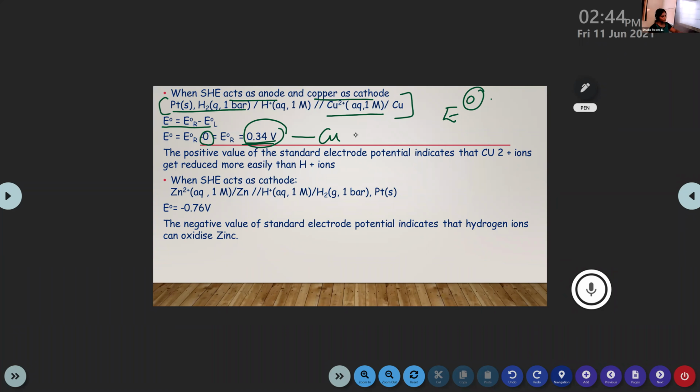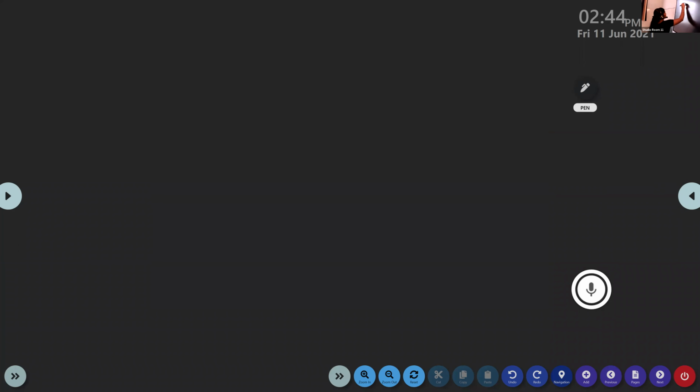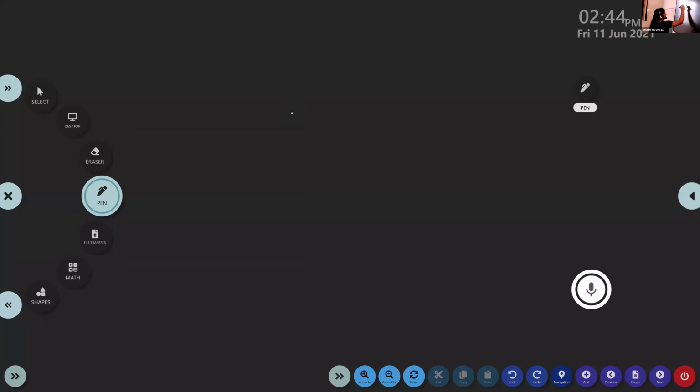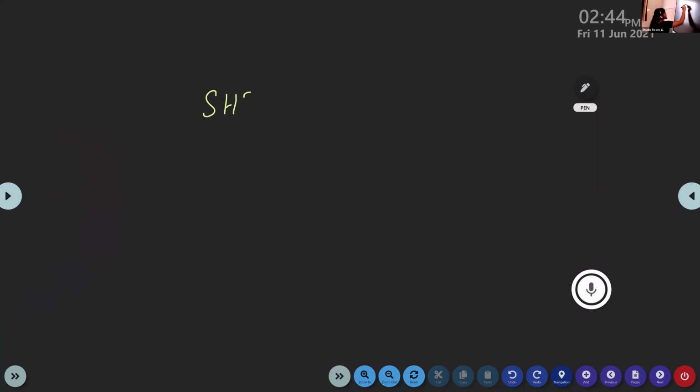Here, you leave this page. I will show it in another. Standard hydrogen electrode, SHE, is taken as anode. Then the copper is always the cathode.